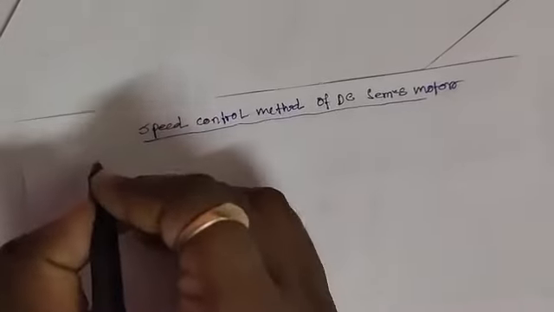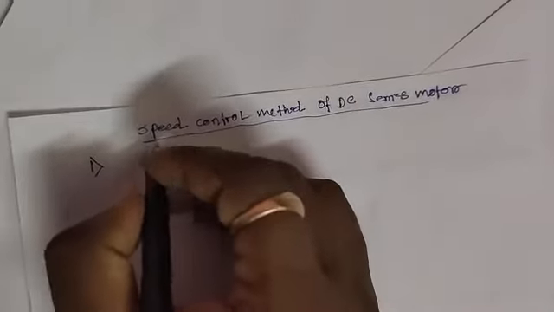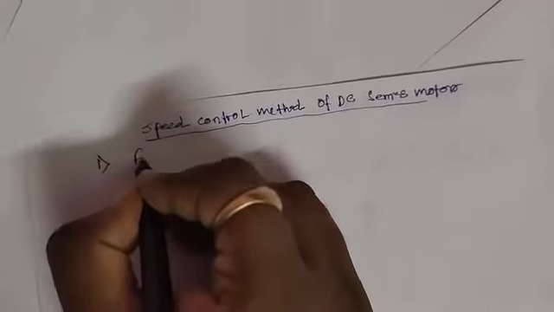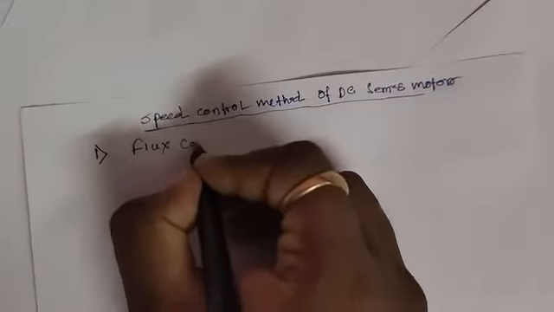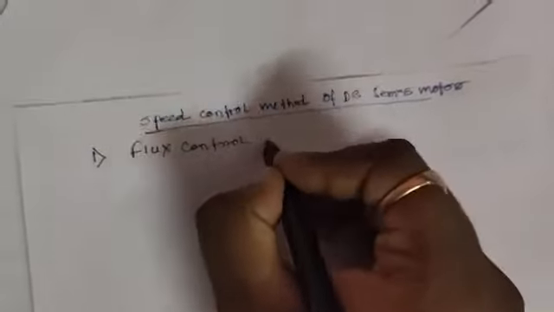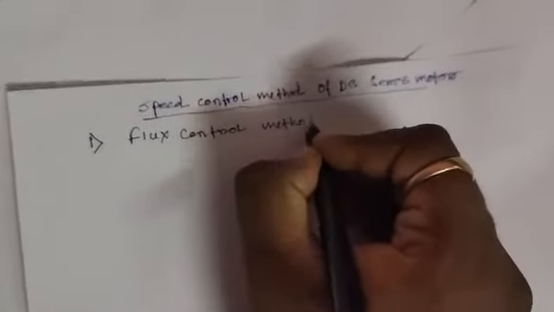Mainly three methods are available for the speed control of a DC series motor. Number one is the flux control method.